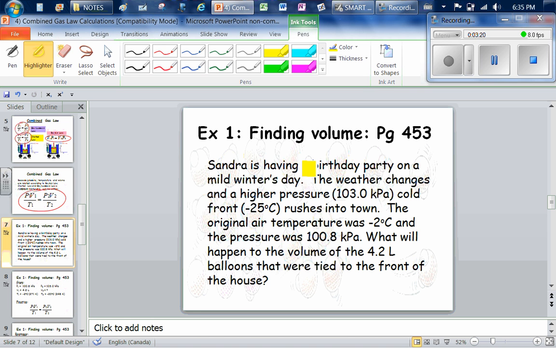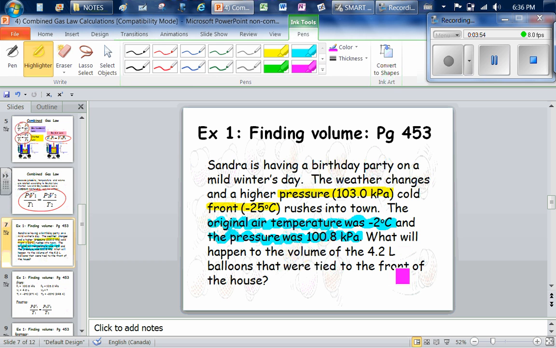So with any word problem, and you know this from math, you should read it first. Once you read it, go back and highlight what's important. So with this one, we have a pressure, and we have a cold front that rushes into town. It tells us the original air temperature was minus 2 degrees, and the original pressure was 100.8 kilopascals.